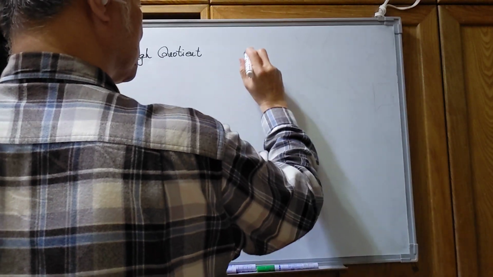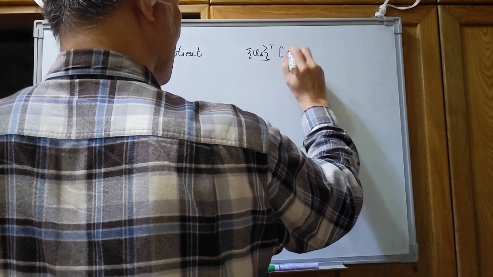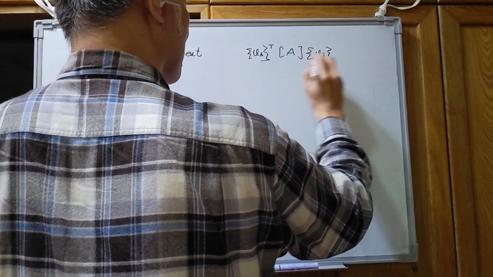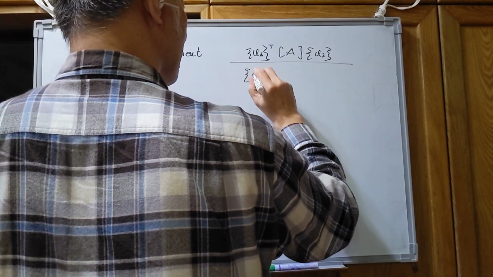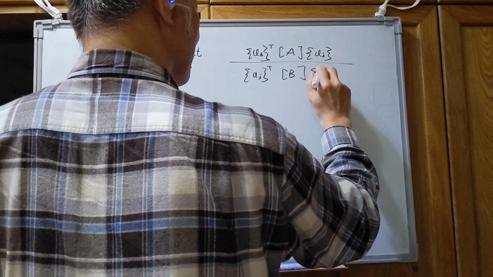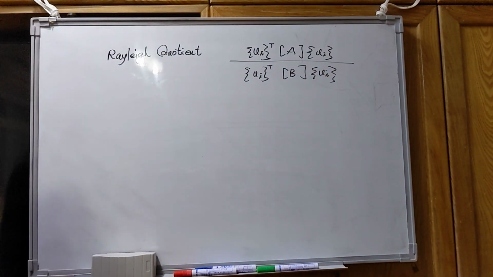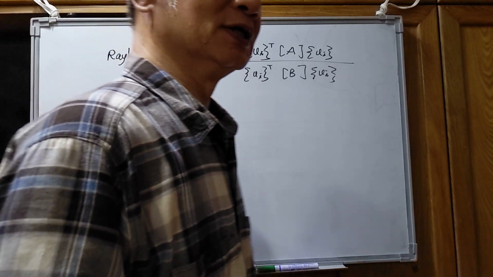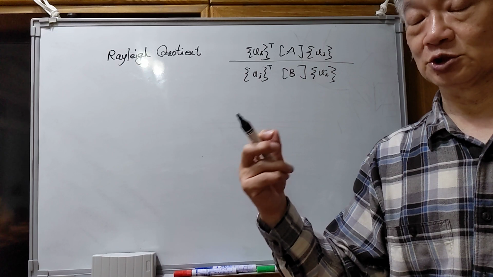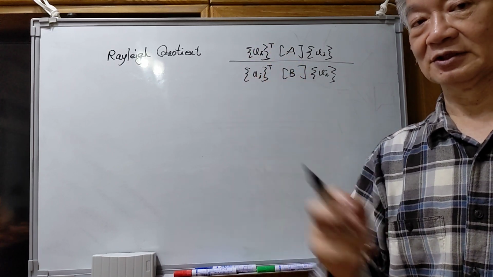What is the Rayleigh quotient? If we got the Ui, that's the definition for the Rayleigh quotient, and the Ui vector means in each iteration the newly calculated U vector.